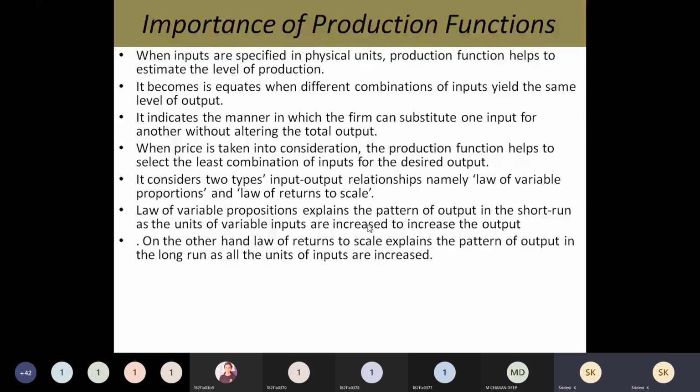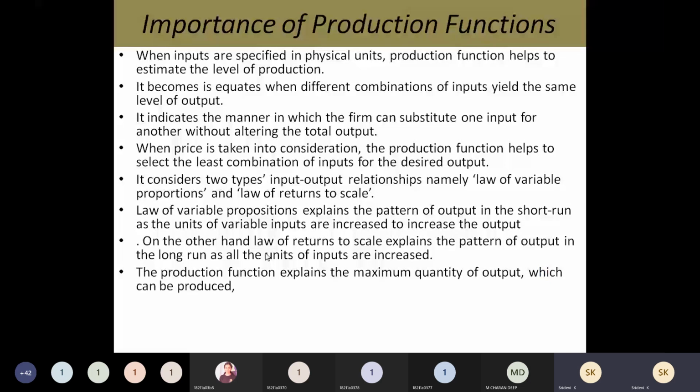And the laws of returns explain how, in the long run, all the inputs change and how the output changes accordingly. All these can be known only through production analysis or production functions. Otherwise, we cannot identify the maximum quantity of output that can be produced, or how to manage in the short run and in the long run.